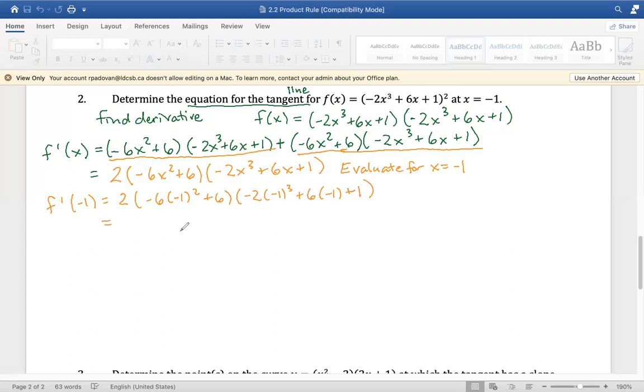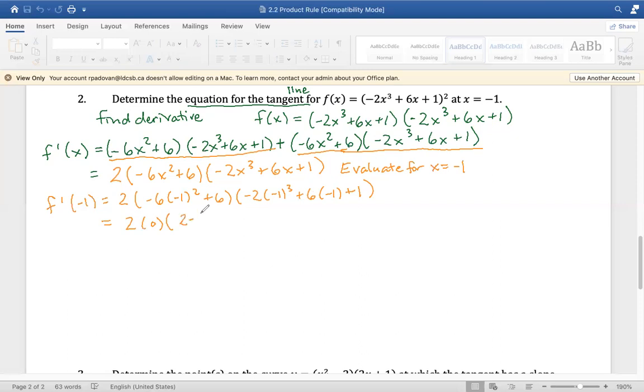Just make sure I do that properly, right? So BEDMAS, squared first. Negative 1 squared is positive 1. Positive 1 times negative 6 is negative 6. Negative 6 plus 6 is 0. Negative 1 cubed is negative 1. Negative 1 times negative 2 is 2. So 2 minus 6 plus 1.